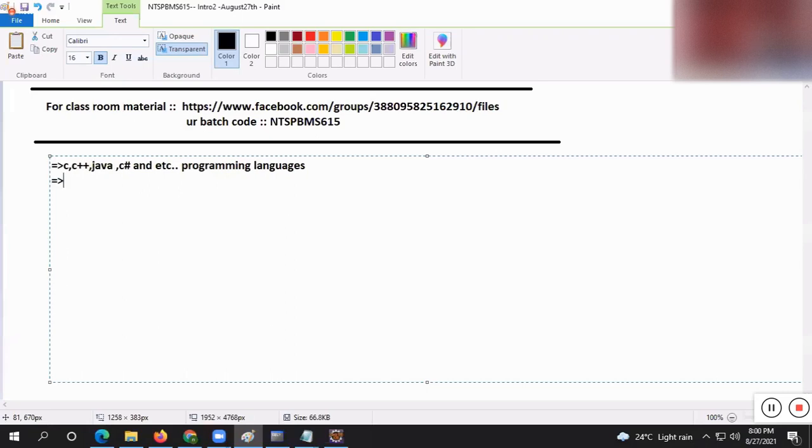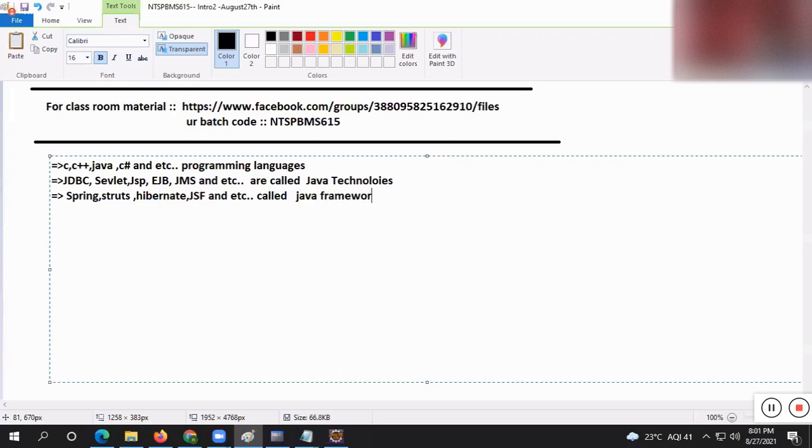JDBC, Servlet, JSP, EJB, JMS, and so on are called Java technologies. Spring, Struts, Hibernate, JSF, and so on are called Java frameworks.